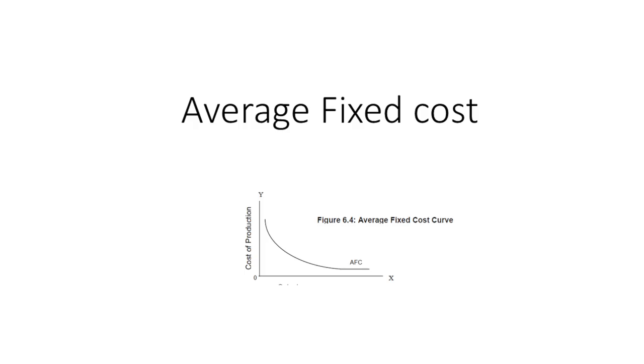Initially, when the units of output are low, the average fixed cost is high. But as soon as the quantity of output increases, the average fixed cost tends to reduce. Okay, but it never touches the x-axis.